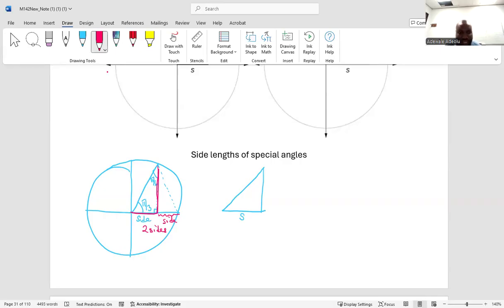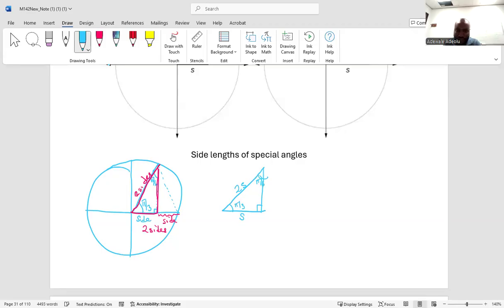Remember that from here to here is the radius of that circle, so I can also call this place 2 sides. So here is 2s. This is pi over 6.